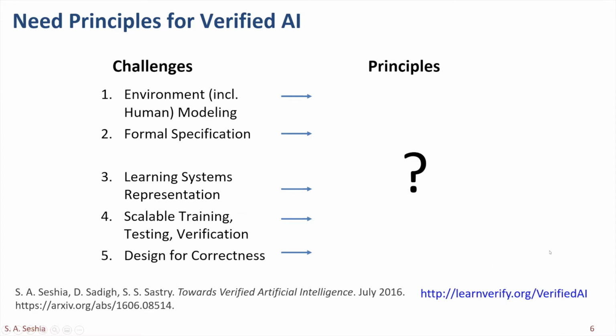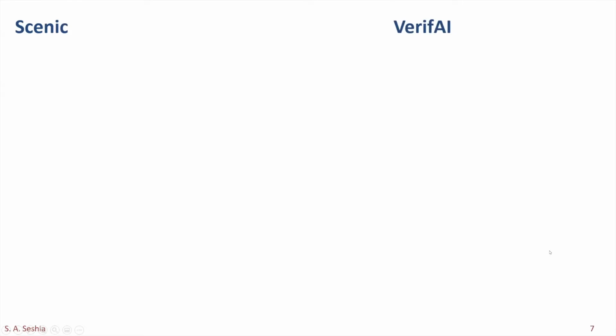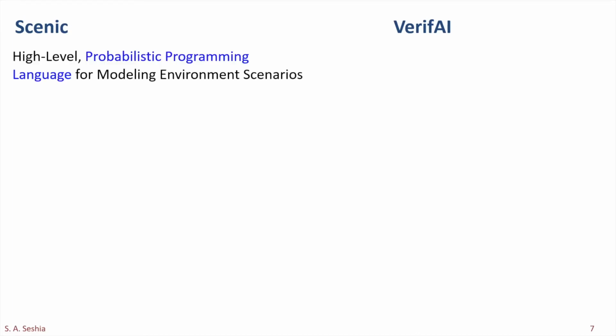All right, so with that, I want to get to 2 of the open source tools that will form the basis of today's tutorial that we've been developing over the last 3 odd years. The first is Scenic, and the second is Verify. Scenic is a high-level probabilistic programming language for modeling environment scenarios for AI-based autonomy.